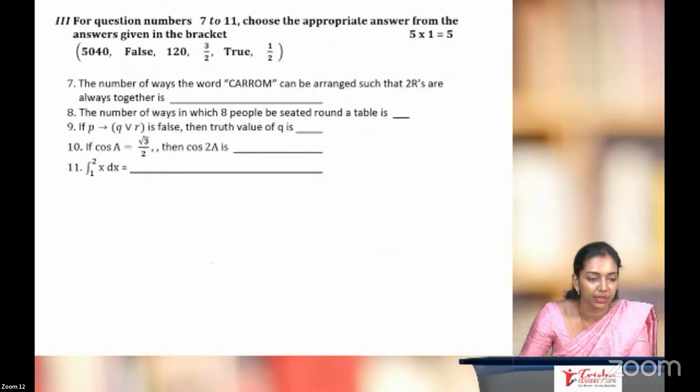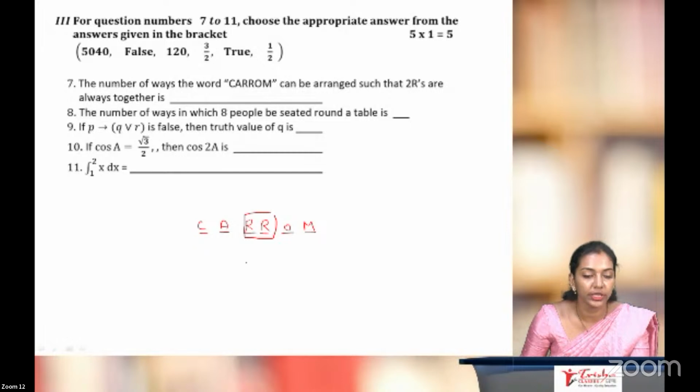Under math, the following: let's see the fill in the blanks. So a variety of 1 marker questions here. The number of ways the word CARROM can be arranged such that 2 R's are always together. 2 R's are together, so they are not going to separate. Wherever you shift them, they will move together. So this is taken as 1 unit.